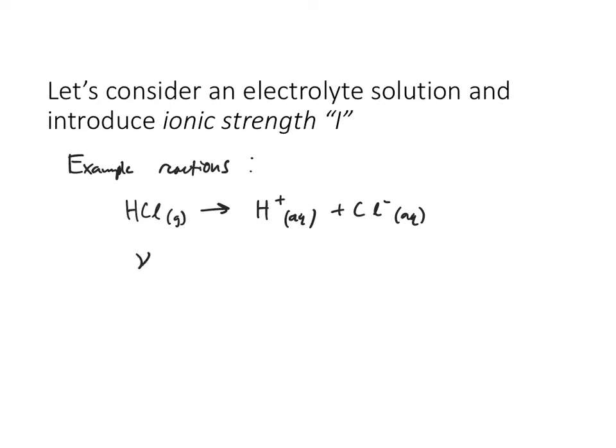Our stoichiometric coefficient nu plus corresponds to the positive ion, and as you can see, it is going to be 1. And what is our Z plus? Well, the Z plus is just the charge that's indicated right up here in the upper right-hand corner. So that's going to be positive 1. And then over here, for Cl, our stoichiometric coefficient is 1, and our Z minus is negative 1, because that's indicated by this charge right here.